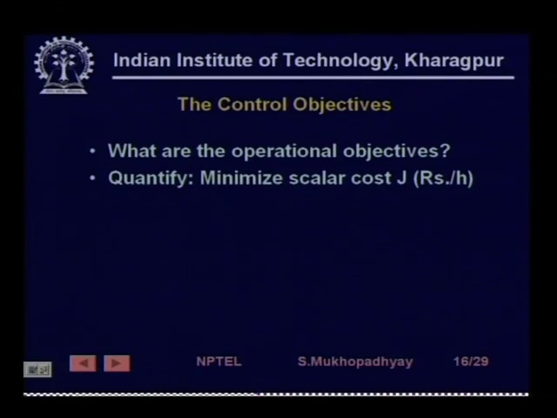Once you broadly understand the operational objectives, you need to quantify them. So, you need to actually set values which will minimize some scalar cost. Scalar means the single overall cost of operation, perhaps expressed as rupees per hour.